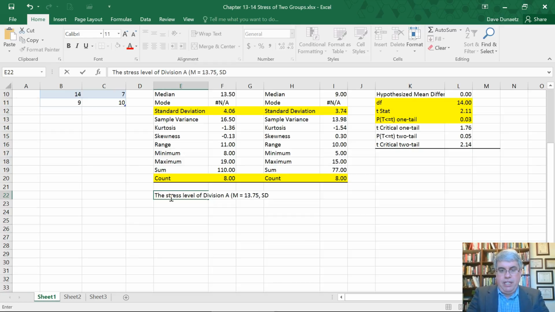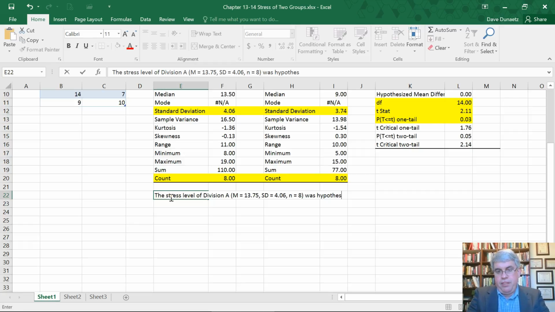SD is the expression that we use in APA for the standard deviation. SD equals 4.06. And then N equals 8.